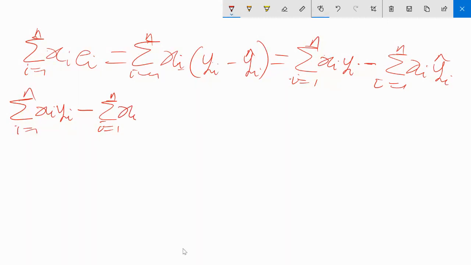So we have summation of xi yi minus the summation of xi yi hat. Then yi hat, we know that yi hat is equal to beta 0 hat plus beta 1 hat xi.